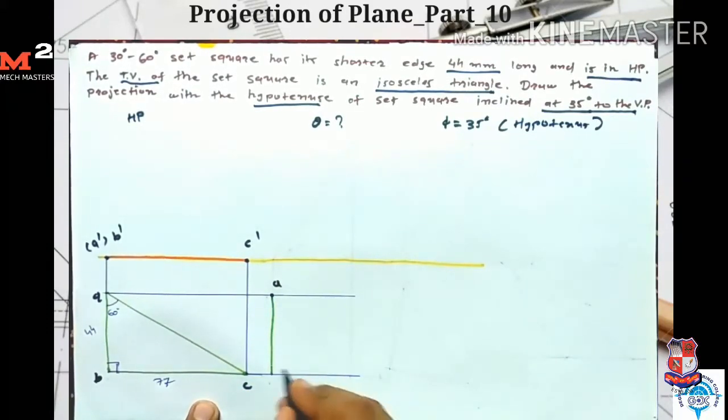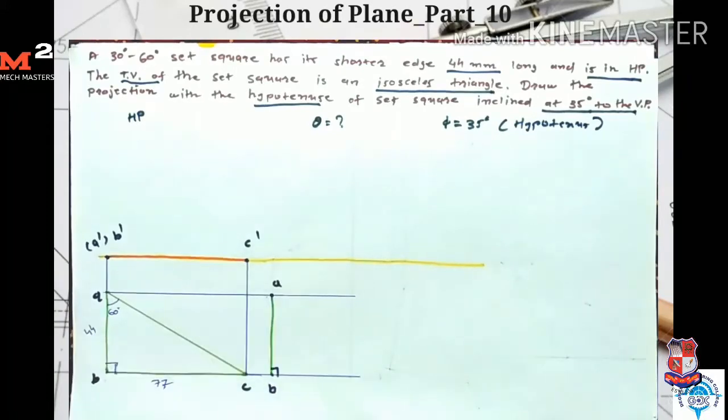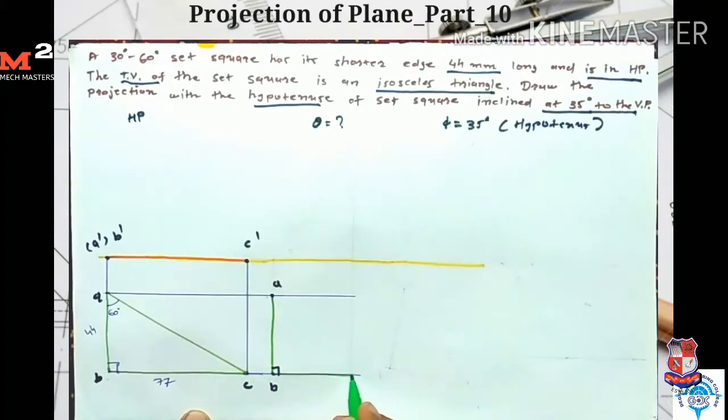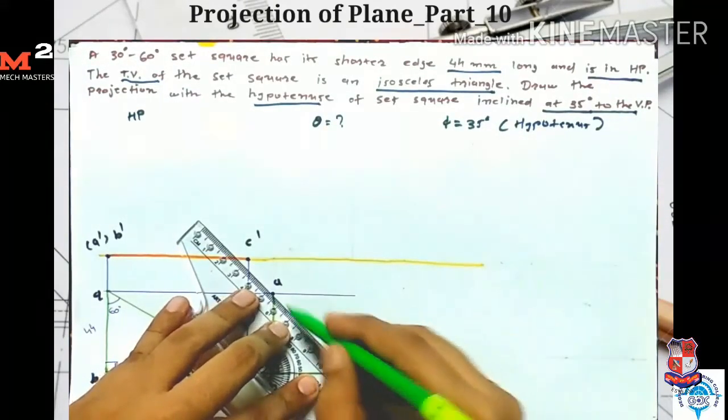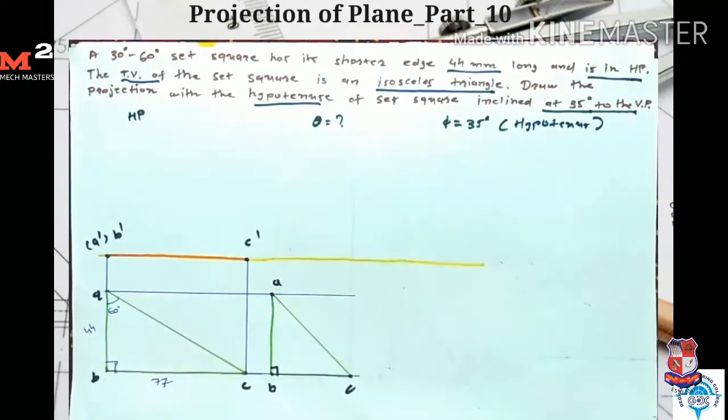So here I get my point B. Now we need to draw the isosceles triangle. So from point B I measure the distance of 44 mm. So here I get my point C. So after joining A and C, I get my top view for the second stage.